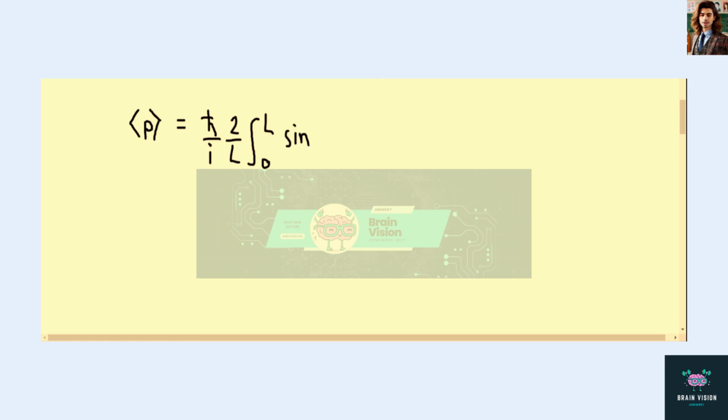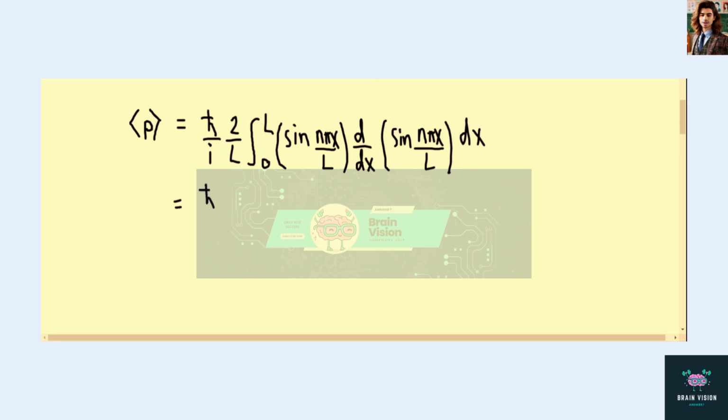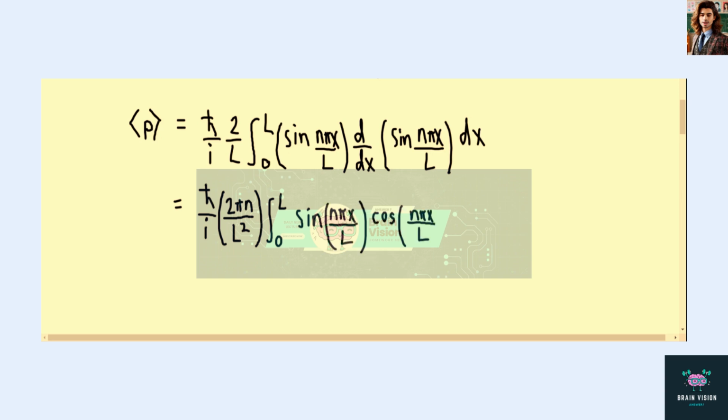To calculate these, you're going to have a derivative of the function that's on the right-hand side inside the integral, like this. In this case, we have two sine functions. And this gives you a sine function multiplied by a cosine function, which when you integrate will give you a sine squared, as you'll see in this next step.